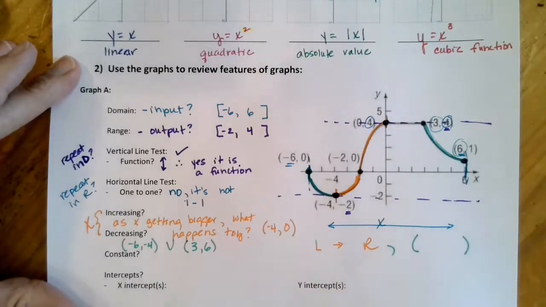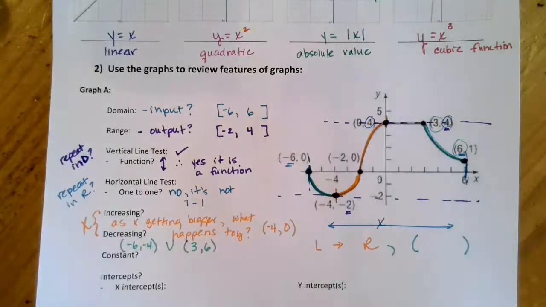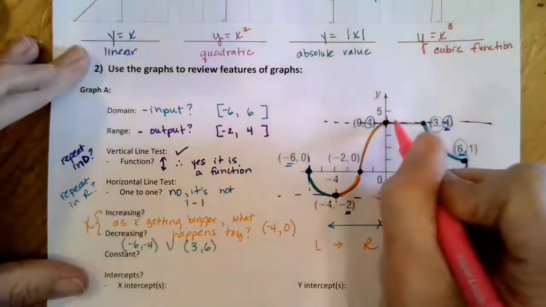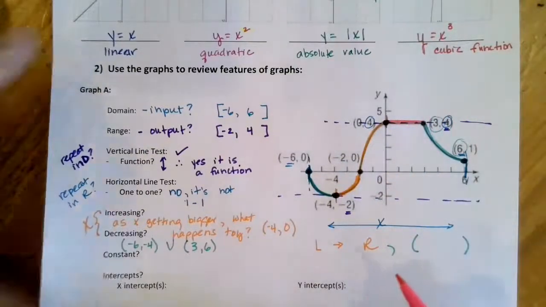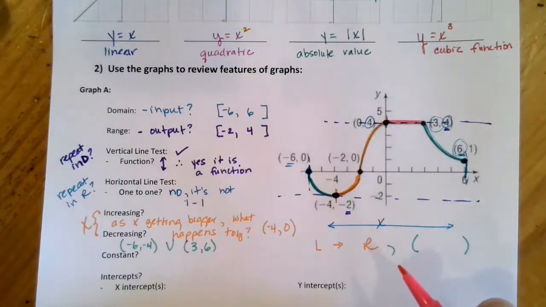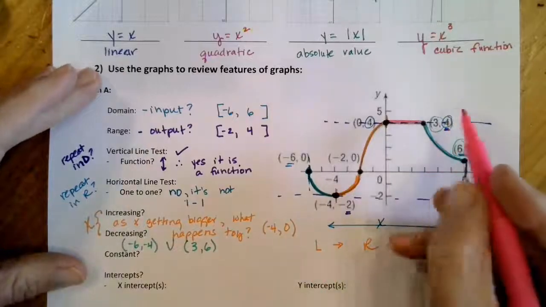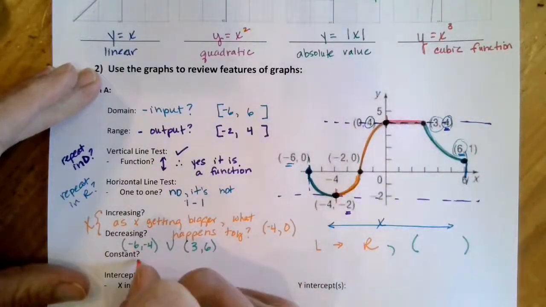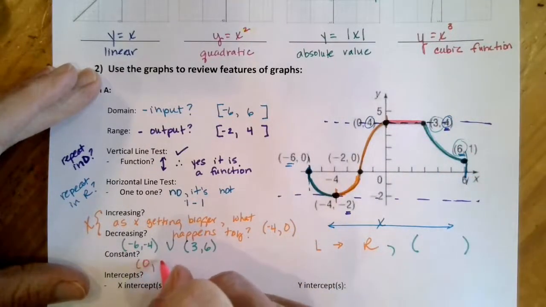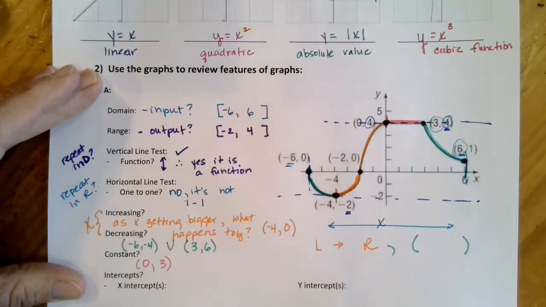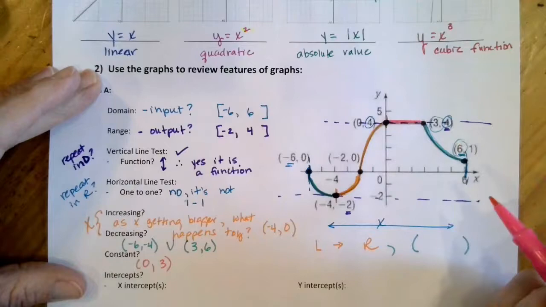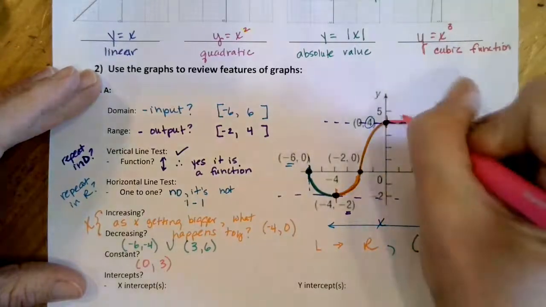So then we have our last consideration, and that is, where is it constant? Where is this constant? See how there's no change here? Because there's no change, we recognize that from the x value of 0 to 3, there's no change, because this is a constant or a flat line. This has a slope equal to 0.